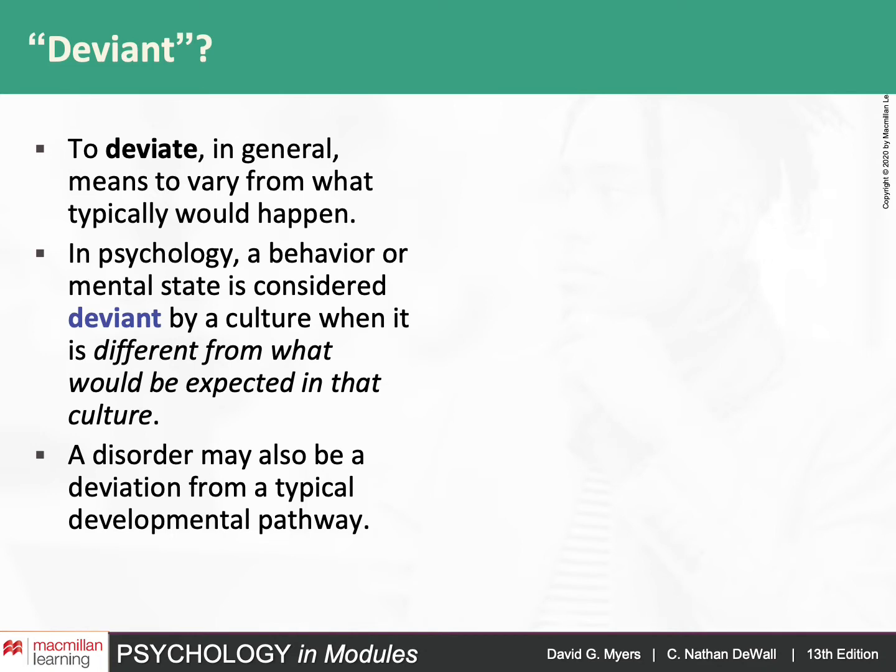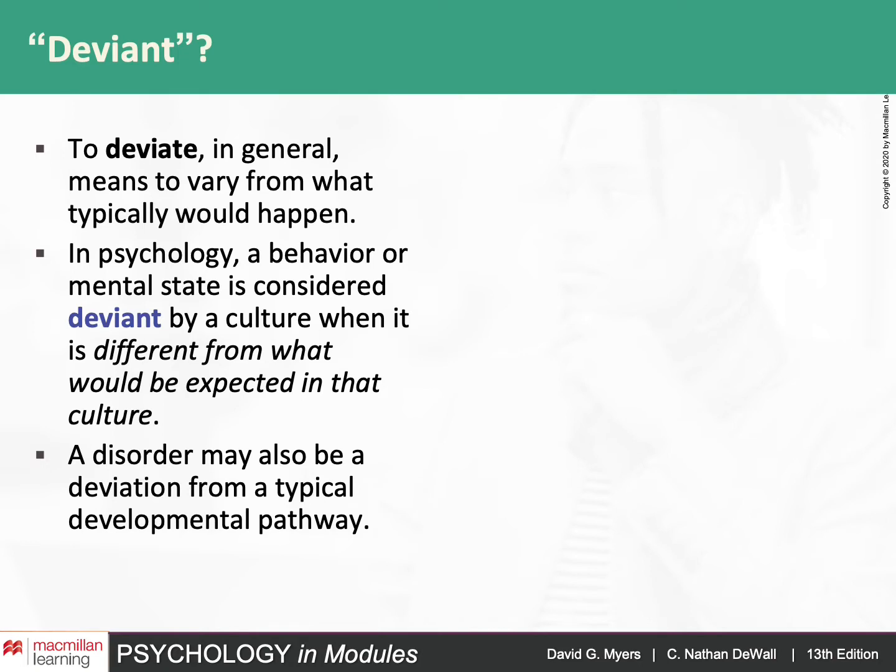So to deviate from the norm is not enough, though, to define a disorder, right? So just because you deviate from the norm doesn't mean that you would be diagnosed with a psychological disorder, right?